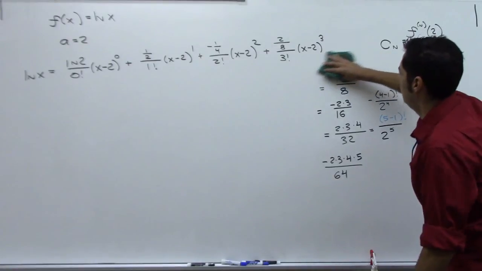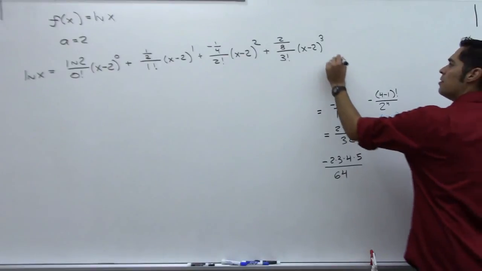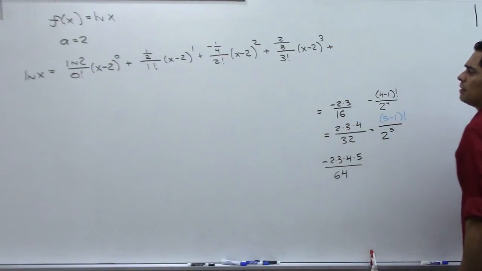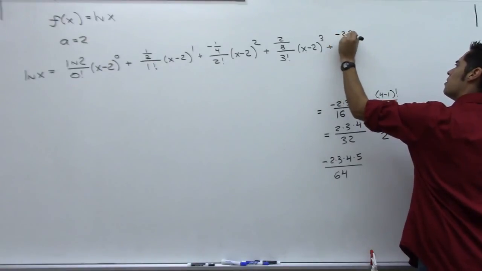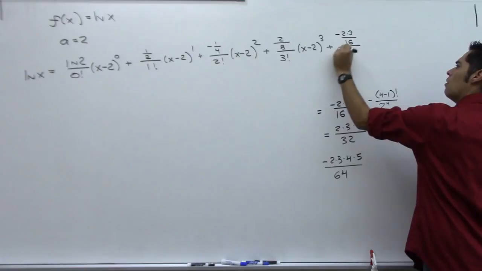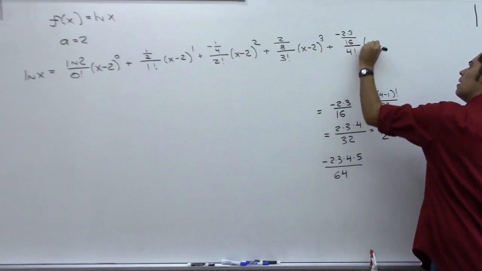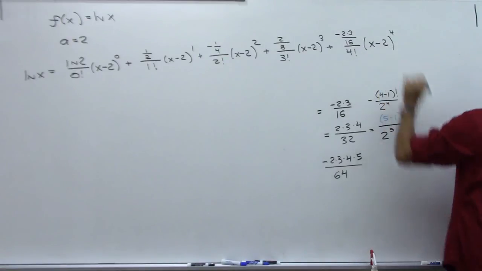So I've done those. The next one is plus negative 2 times 3 over 16 over 4 factorial, x minus 2 to the fourth.